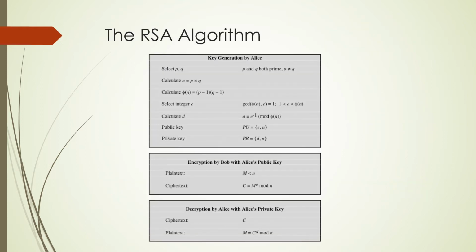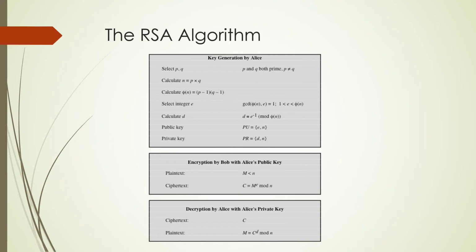So let's take a quick look at how the key generation step in the RSA algorithm works, how encryption works for confidentiality purposes, and how decryption works for confidentiality purposes. Let's start with the key generation by the receiver.